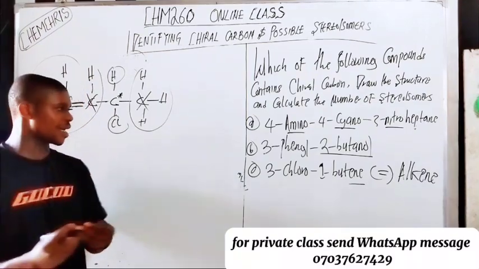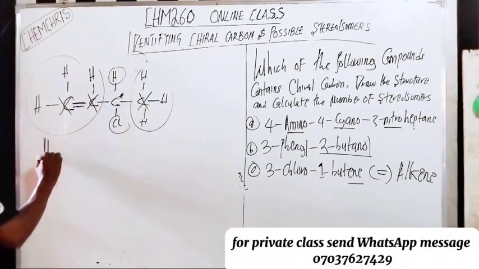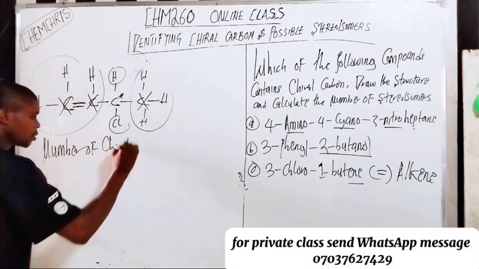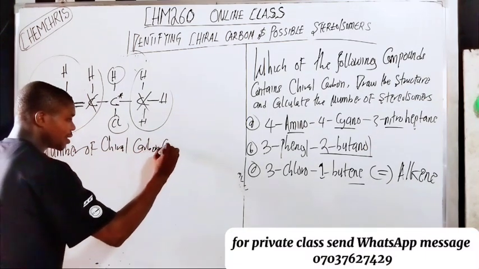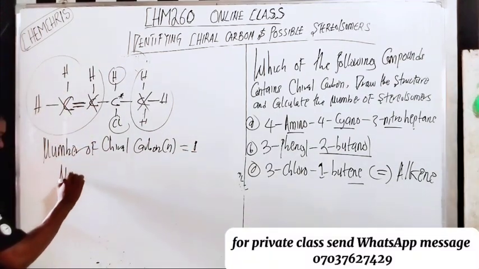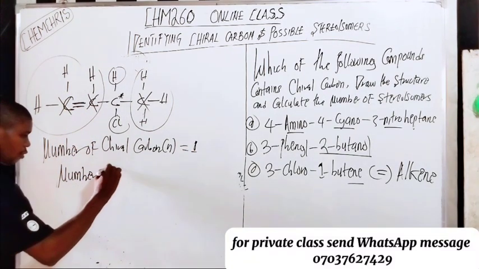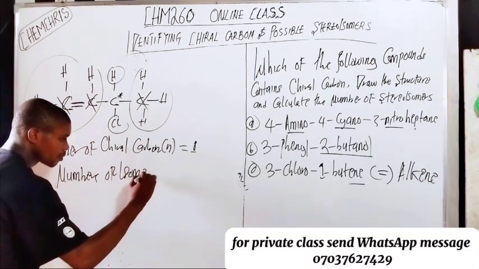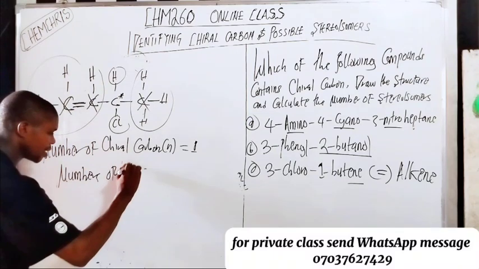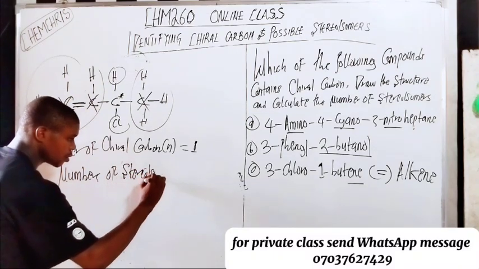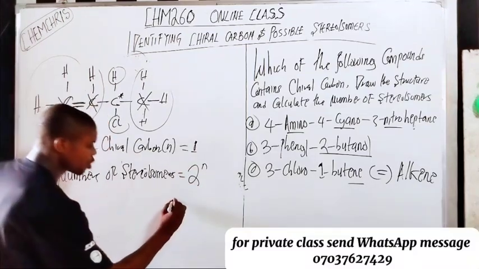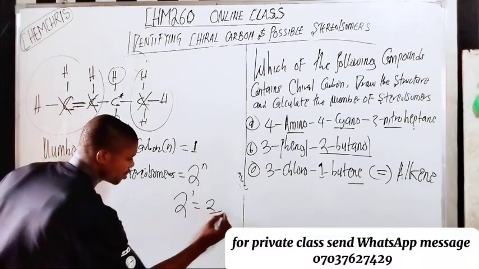3-chloro-1-butene. Do you understand? So that is the number of chiral carbons, which is n equals 1. Number of stereoisomers is equal to 2 raised to power n. 2 raised to power 1 is 2.